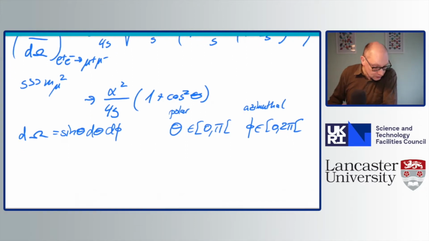Good. So that, of course, here is equal to minus d cos θ dφ.